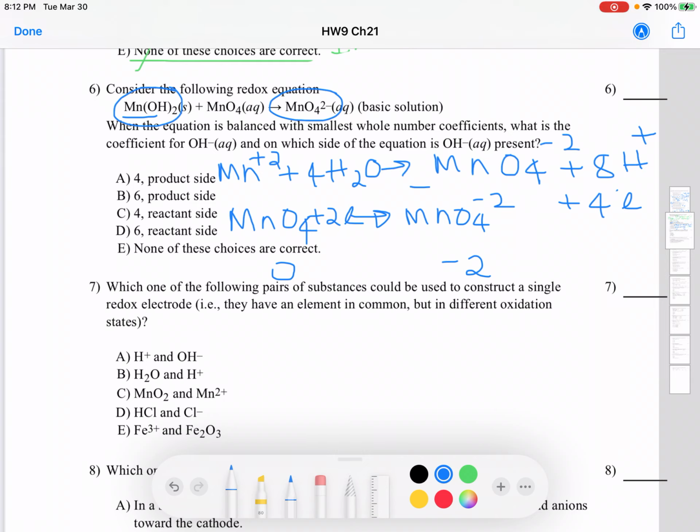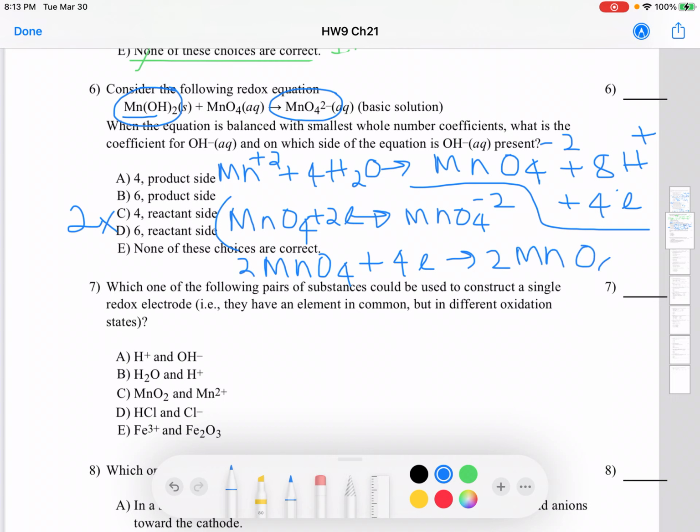So there are 4 electrons here, 2 here. So we need to multiply this by 2. When you multiply that by 2, that will give us 2 MnO4 plus 4 electrons, 2 MnO4 minus 2. Now we can add the 2 together. 4 electrons cancel.